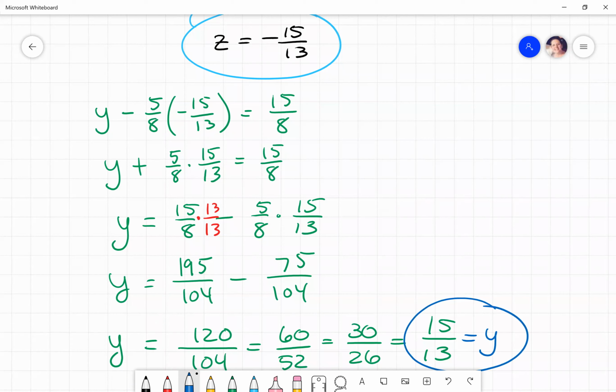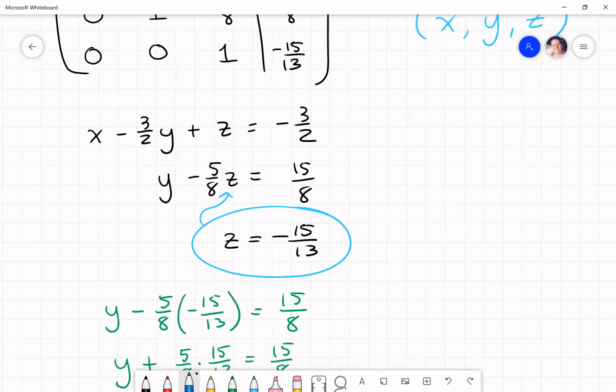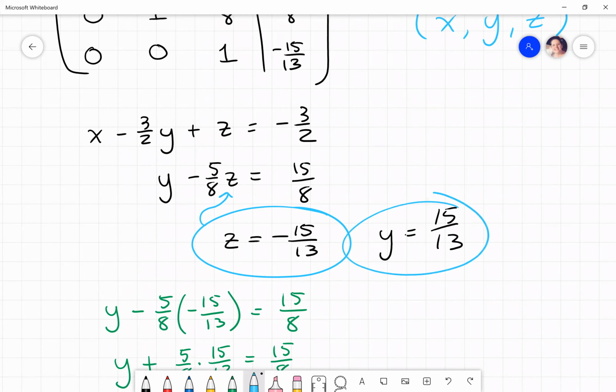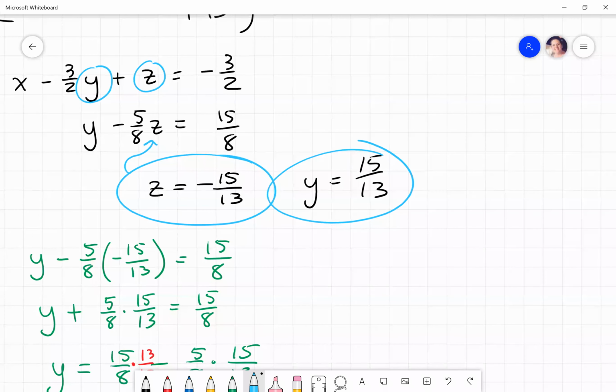So now we have y and z, and we need x. So scroll back here. We've got to plug those two numbers in. I'm going to write it down here. We just figured out that not z, y was positive 15 thirteenths. So now we're going to use both the z and the y to plug in up here, and we can solve for x.